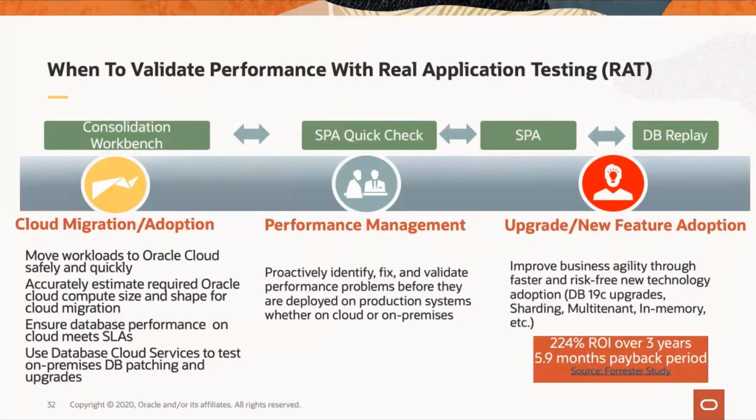DBAs were much more efficient, much more effective, leveraging real application testing. The next was around higher revenue generation. Honestly, that was a super small sliver of the ROI. I'm really glad about that too, because you never know if you can gain that kind of revenue with increases in performance or availability.